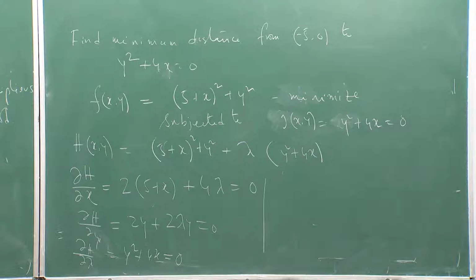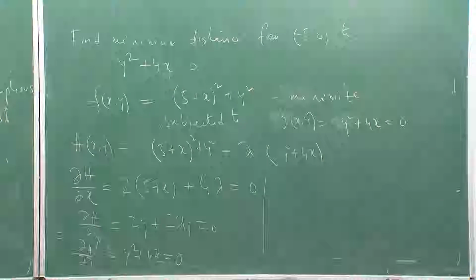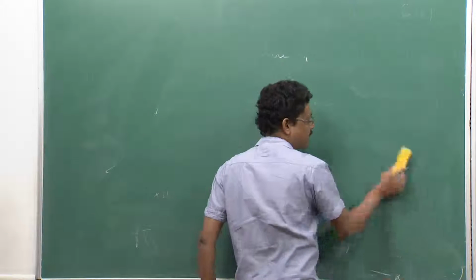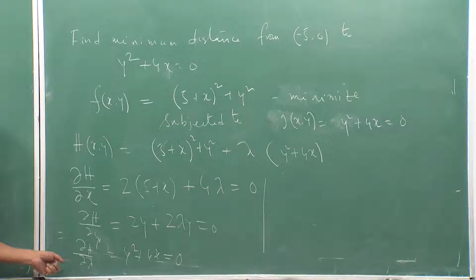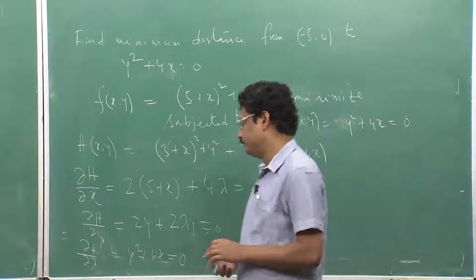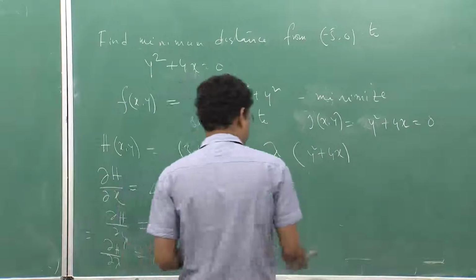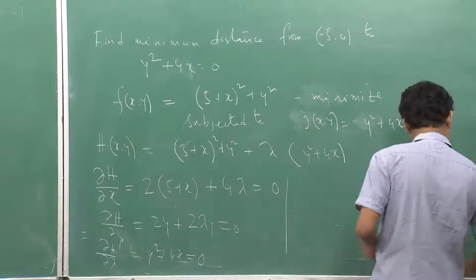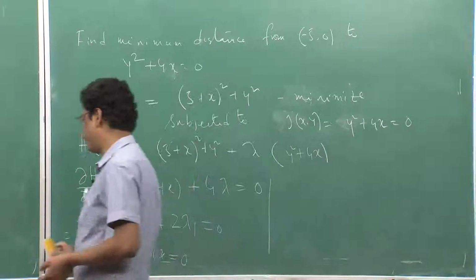Let us see. Now I have to be careful, as I said this will give us only a saddle point because I have just put grad to be 0. Grad 0 does not ensure maximum or minimum. It may be maxima, it may be minima, it may be just a saddle point.